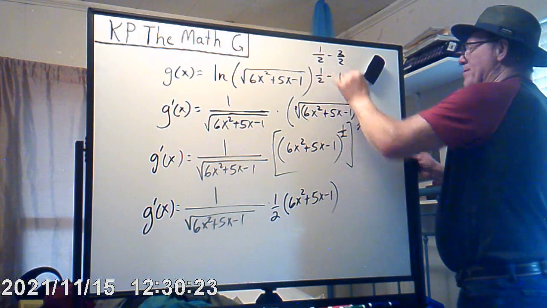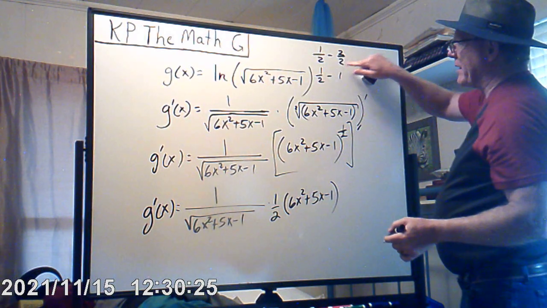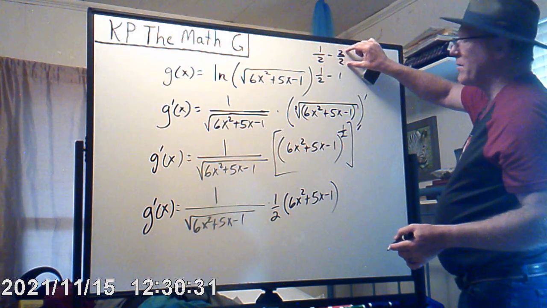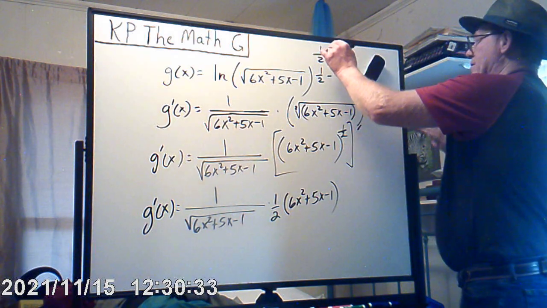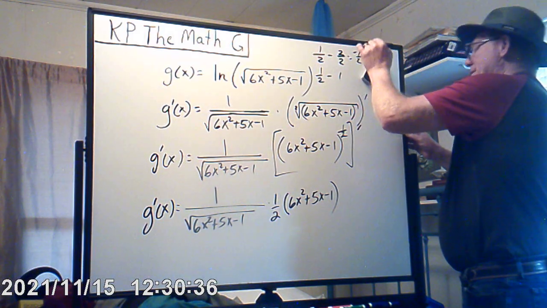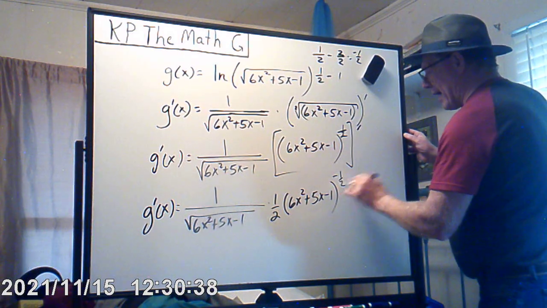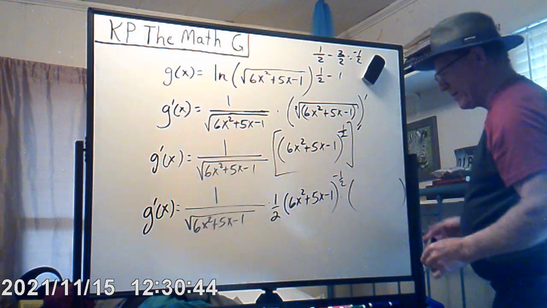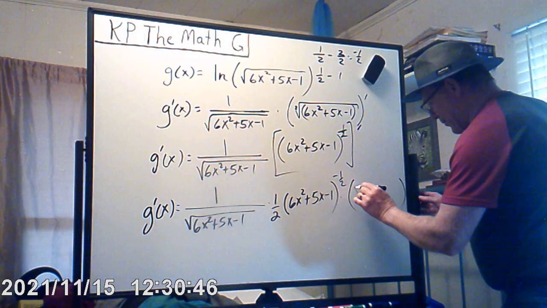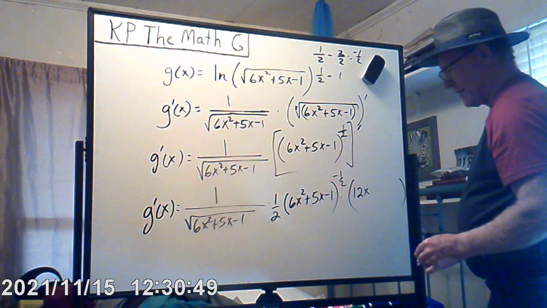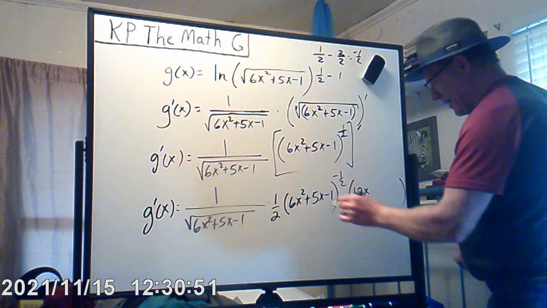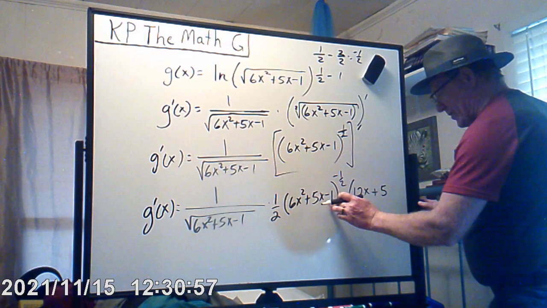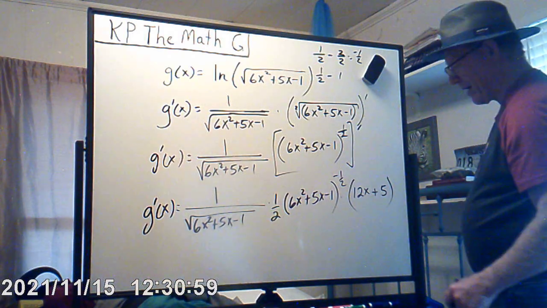If it had been a 1/3, I would have had 3/3 up here. If it had been 1/4, I would have had 4/4. So 1 minus 2 is negative 1, so this will be a negative 1/2. Now, times the derivative of this, 6 times 2 is 12, so 12x plus 5, and remember the derivative of a constant is 0, so we can just stop right here.